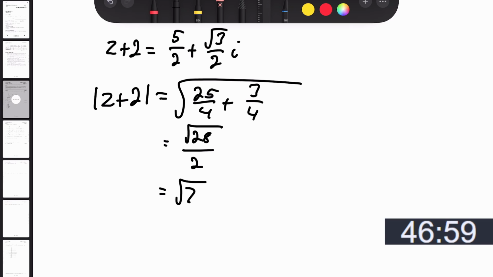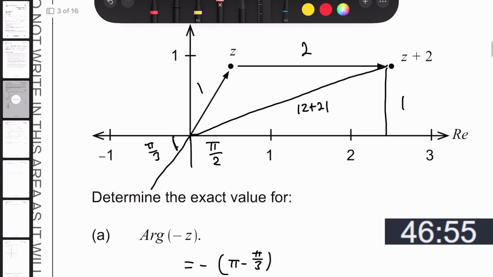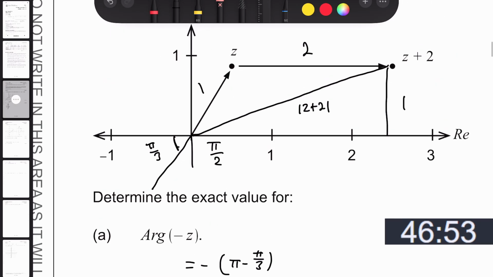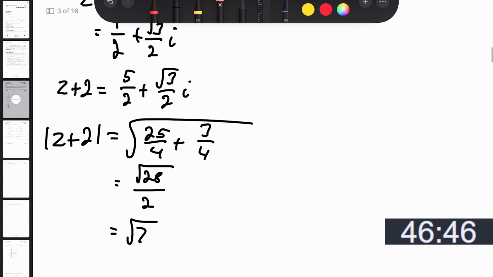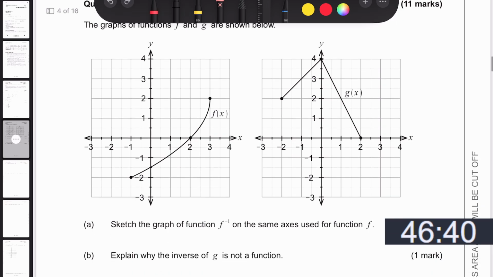Okay. I think that's correct. Square root of 7. Yep. Okay, sketch the function f inverse of x on the same axis used for the function f of x.